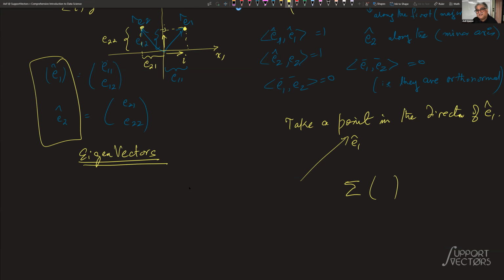This is a matrix: sigma x1 squared, sigma x1x2, sigma x1x2, sigma x2 squared. If I apply it to any point x1, x2 along this direction, something very interesting will happen. It will just become lambda, some stretching factor. It will just get stretched out.